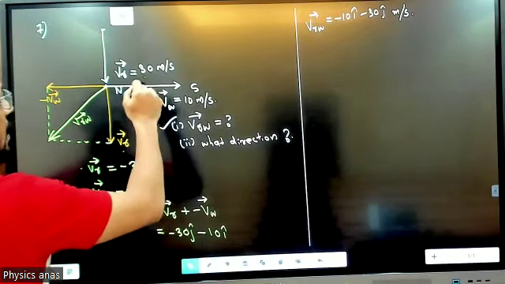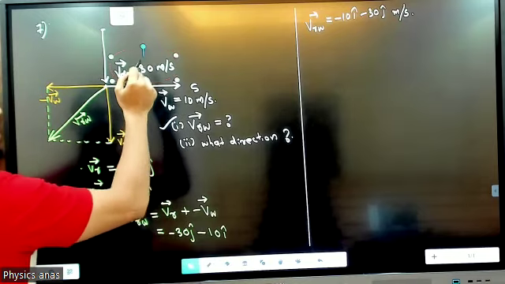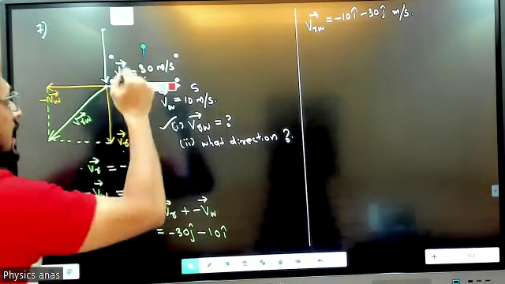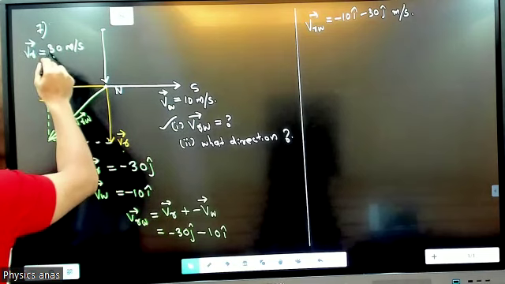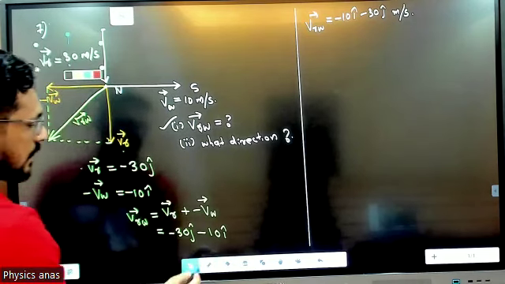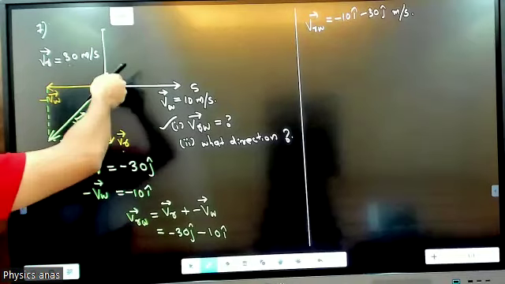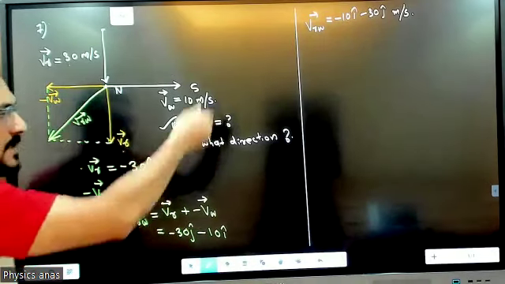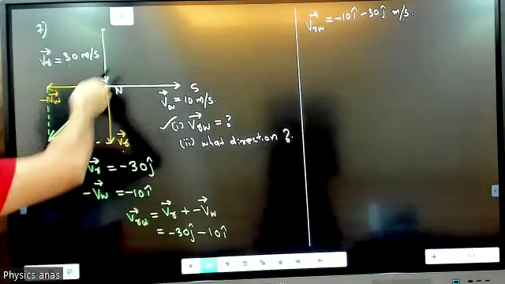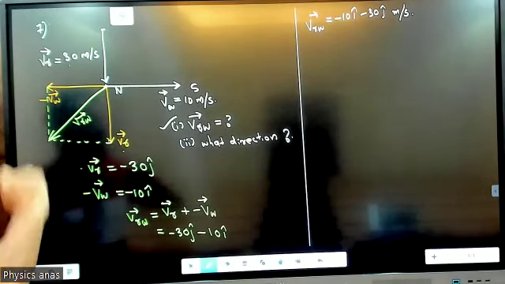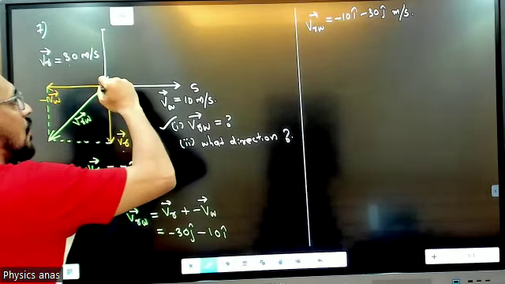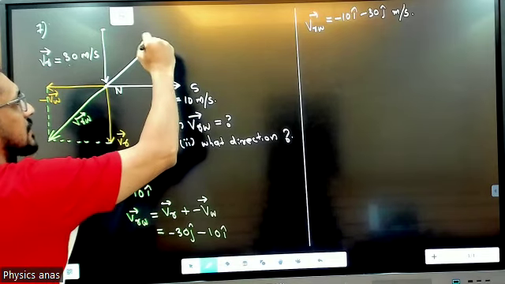What direction should she put the umbrella? That's what we have to see now. So this is VRW. The velocity of rain with respect to woman is in this direction. So she has to put the umbrella in the opposite direction like this.